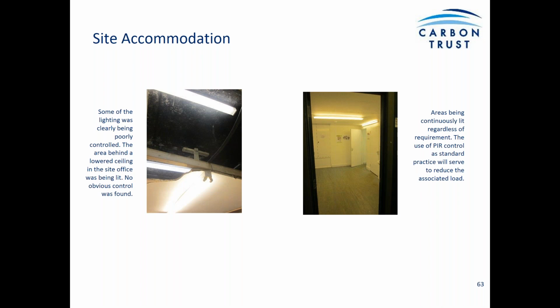That lighting had been running for God knows how long. Nobody knew where the circuit was. There wasn't a switch. And then the picture on the right is just to highlight areas that aren't being used. Then the use of a PIR would help to improve the efficiency there dramatically.